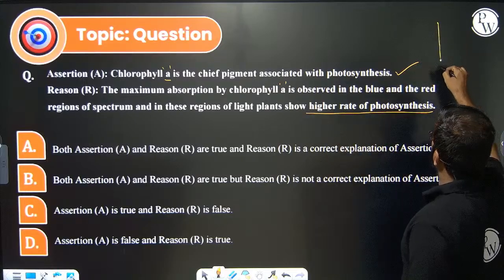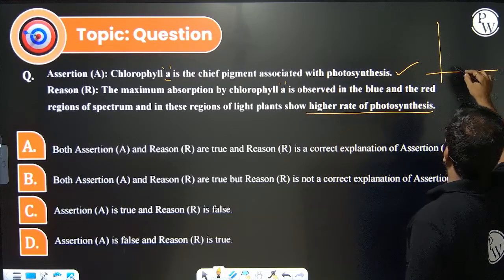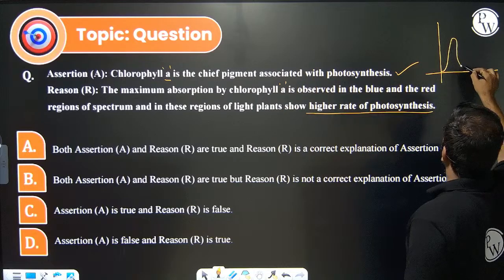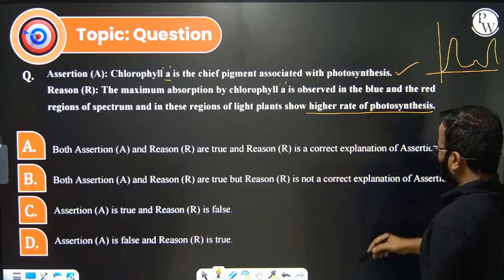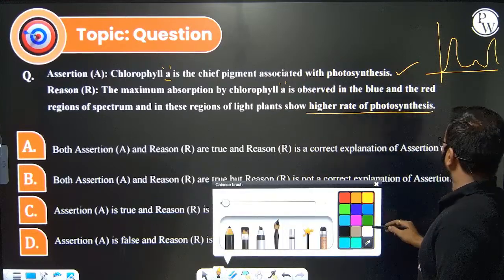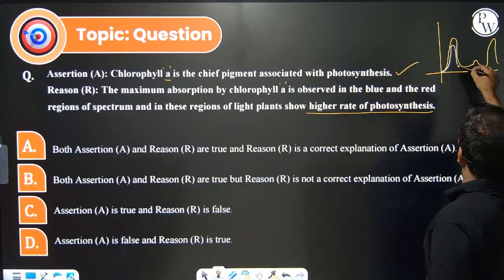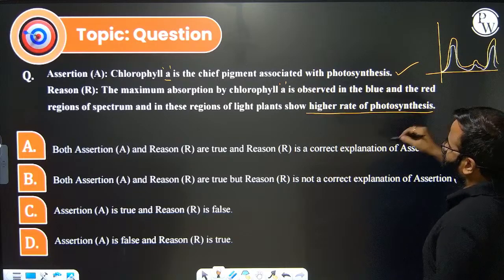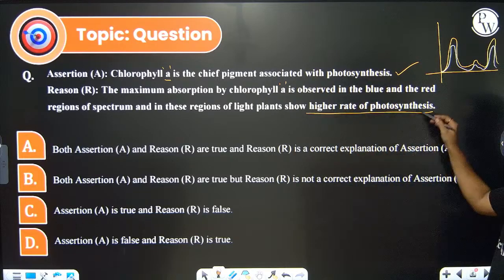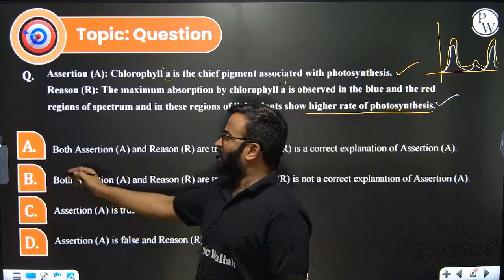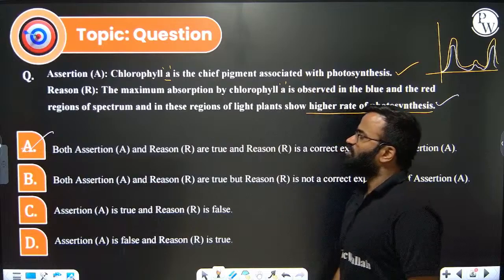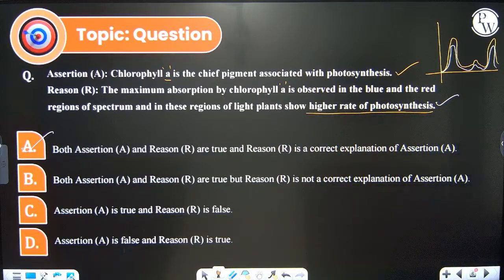So if you observe the action spectrum graph from the NCERT, you will see something like this for the absorption, and it is here that the maximum rate of photosynthesis occurs. So both the statements are true, and indeed it is the right explanation as well. So the answer will be A.